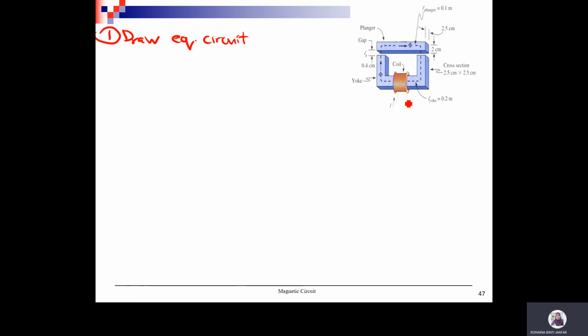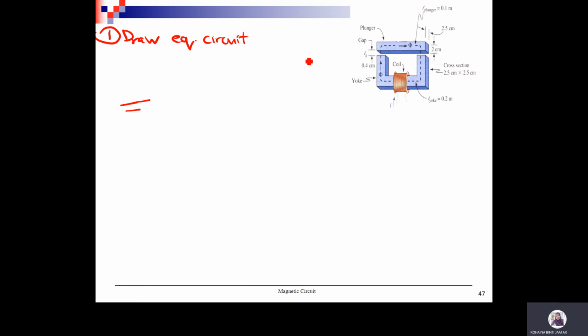From this diagram, you notice that the cross section of the yoke is different from the cross section of your plunger, so you have to differentiate. First you have to draw the source.